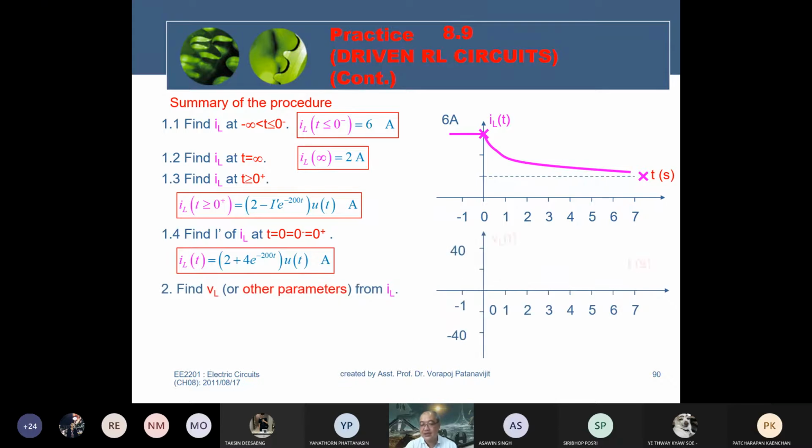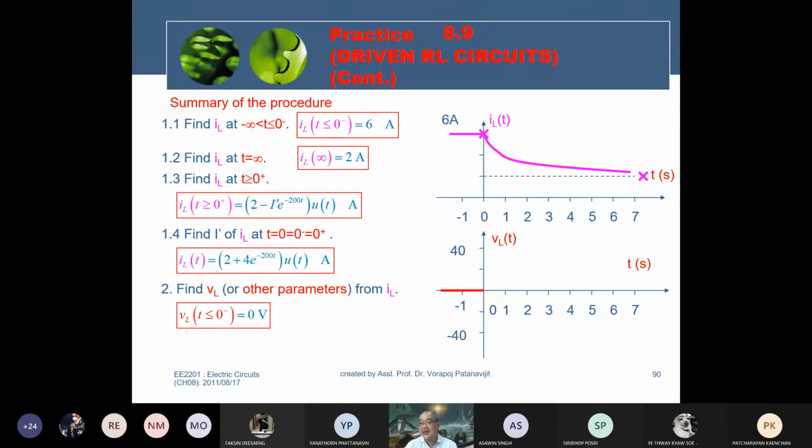For the inductor voltage, you can determine it from the inductor current directly. For time less than 0, the inductor current is constant. The inductor voltage equals L times the derivative of the inductor current, di/dt. If it is constant, its derivative equals 0. From the physical point of view, why is the inductor voltage equal to 0?